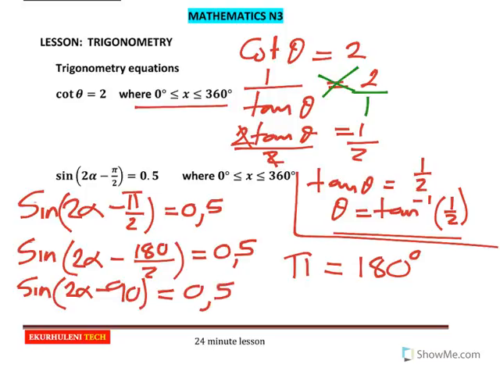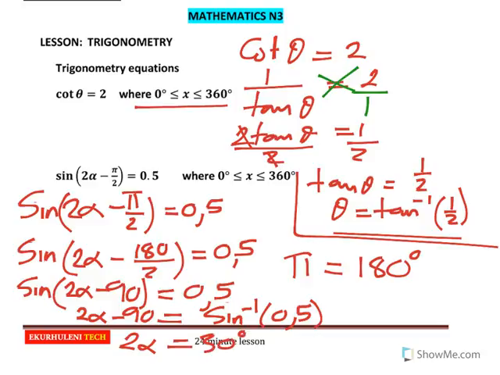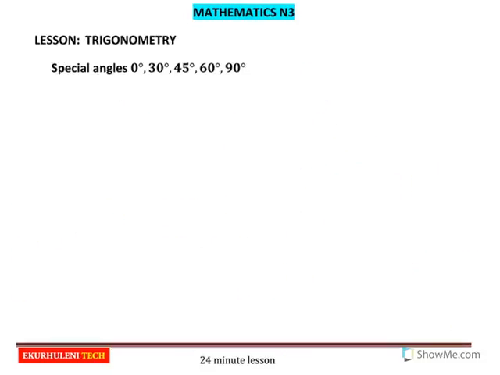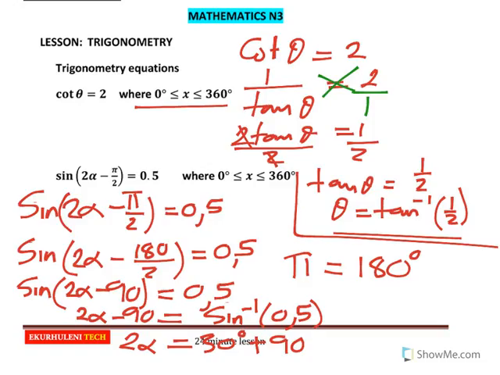What you do now, you say 2 alpha minus 90 is equal to, remember, arcsine 0.5. And you work it like we did in the previous one, where you find arcsine 0.5. It will tell you that is 30 degrees. So you're going to have 2 alpha is equal to 30 degrees plus 90. Now, we're going to end our lesson at this moment.